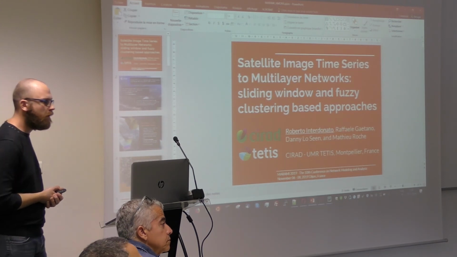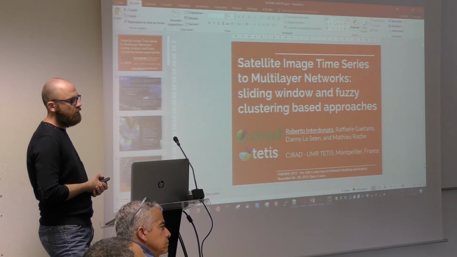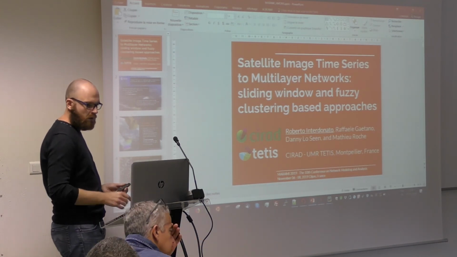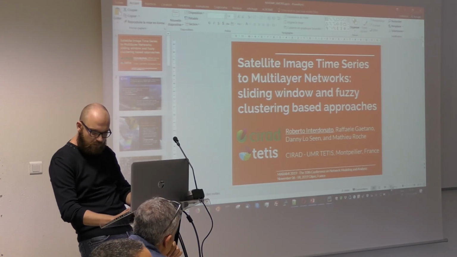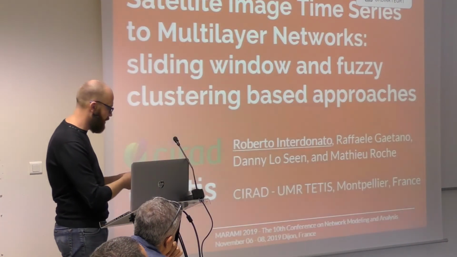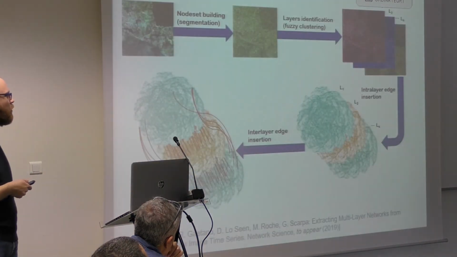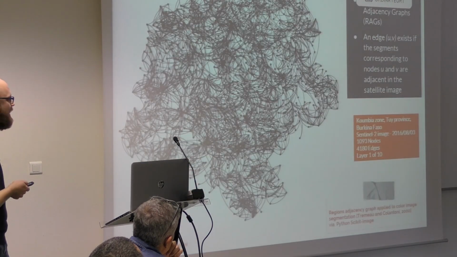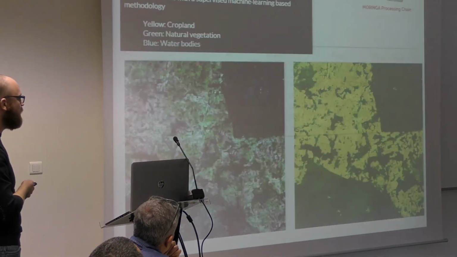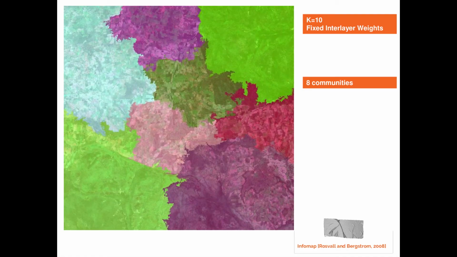Did you look at how the number of communities changes with the number of layers? Yeah, actually, it's not changing so much. If you look at the results, we have different solutions, and you are always between 6 and 8 communities. For example, 10 layers, 8 communities.